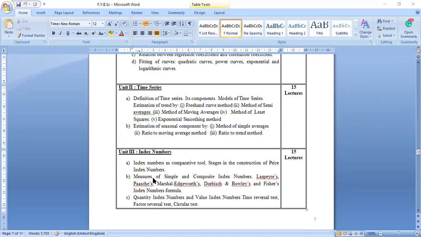I'm comparing two locations, two areas, and I can try to find out how many times the price is higher in Churchgate compared to Ghatkopar. Eating vada pav in a normal shop and eating vada pav in a very good hotel is a large difference.